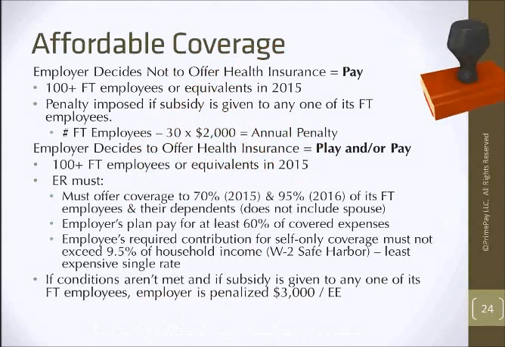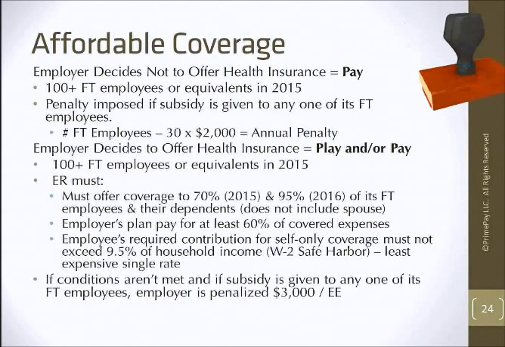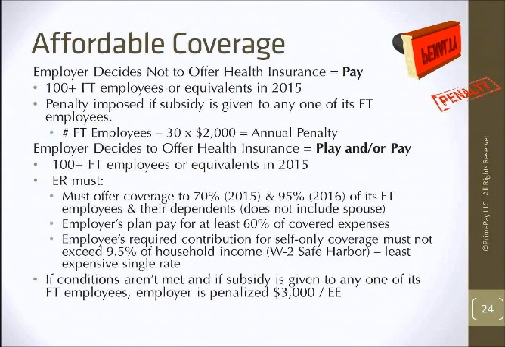Within payroll, you've got a list of all the employees. You've got an idea of what their anticipated wages will be in the coming year, which would truly help an employer decide how much they need to contribute to ensure that employees do not contribute more than that 9.5%.